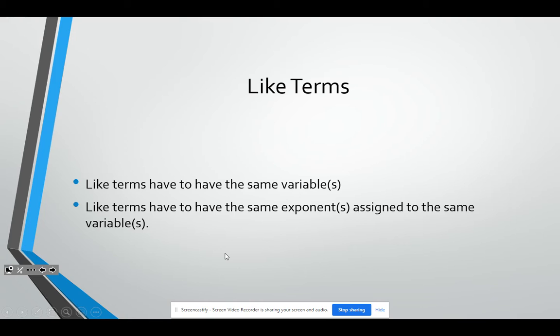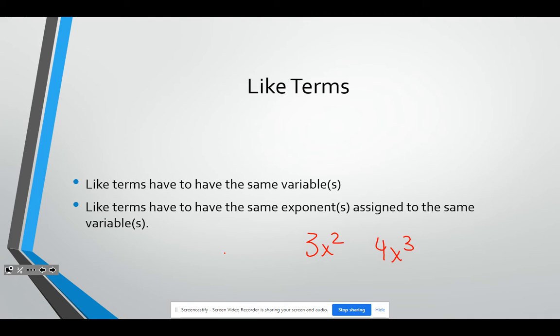Like terms have to have the same variable or variables. They can have more than one variable. They also have to have the same exponents assigned to those variables. The exponents cannot be different. So, for example, you cannot have something like 3x squared and 4x to the third.